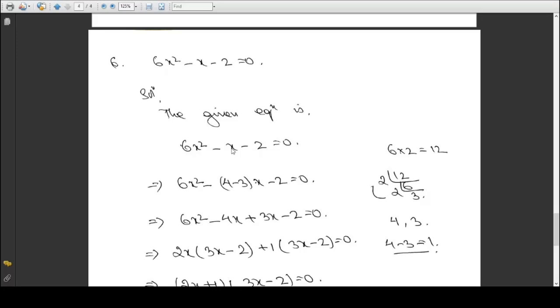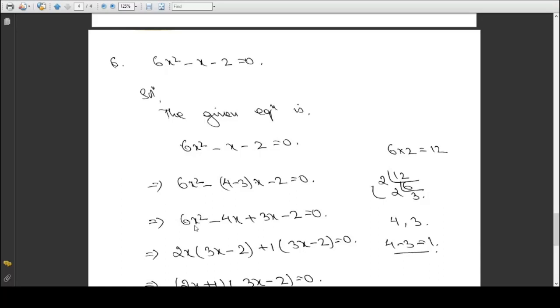We know that there is 1 as a coefficient, but we do not write it. Therefore, instead of 1 here, we'll put 4 minus 3, because 4 minus 3 is 1 itself. Therefore, instead of this middle term 1, we'll write 4 minus 3.